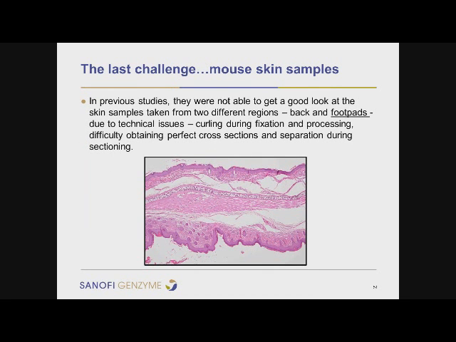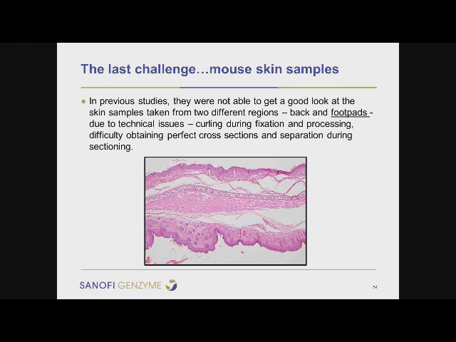So in previous studies, they weren't able to get a good look at the skin samples of the feet taken from different regions, back and foot pads, due to technical issues. As an example, the image down at the center of the slide shows mouse ears. The center has a band of cartilage, and because the tissues are so different, you have cartilage, skeletal muscle, adipose, epidermis.